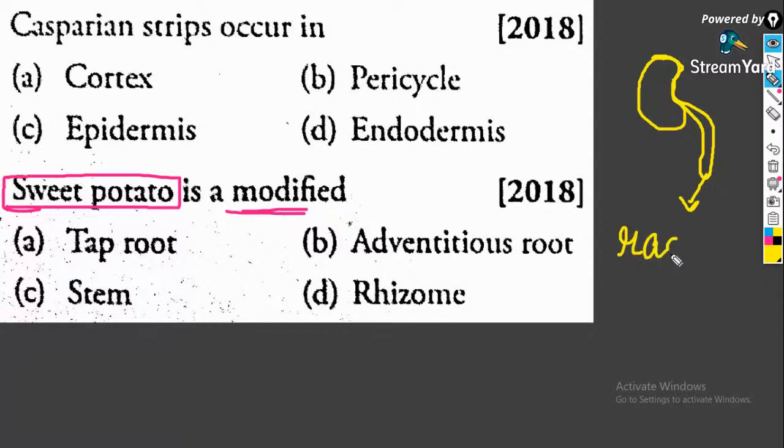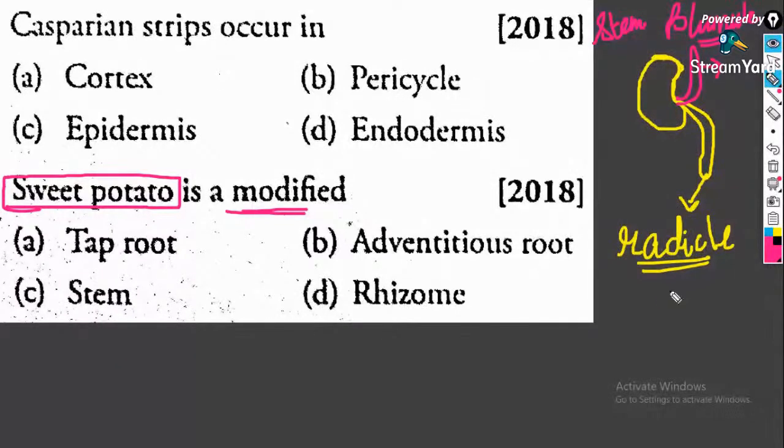Generally all roots originate from the radical, and the upper portion you will call the plumule. I just told this in the last 2021 morphology class. The plumule is where the stem develops, and the radical is the portion from which the roots develop.